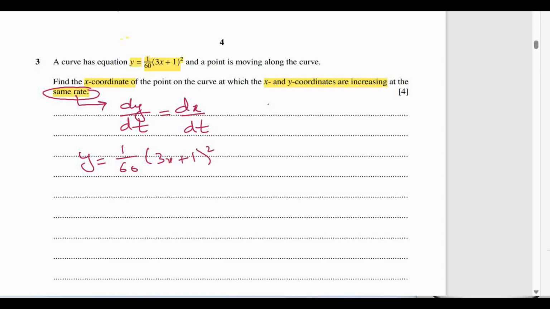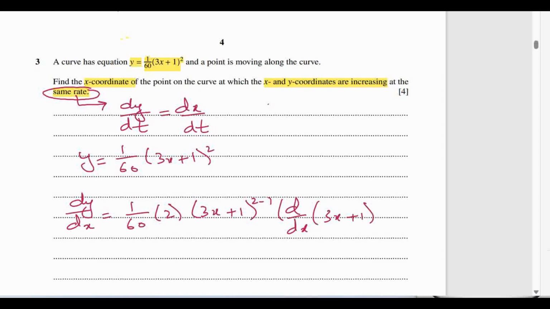If we want to find the derivative dy by dx, then dy by dx will be equal to 1 by 60 into 2 into 3x plus 1 whole power 2 minus 1, into the internal derivative of 3x plus 1.